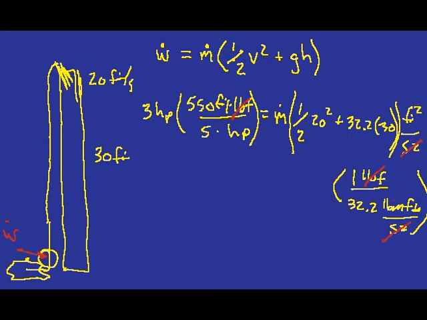We have this squared will cancel the foot here, and this foot will cancel the other foot. Our horsepower cancels out. And when we solve for m dot will have units of pound mass per second.